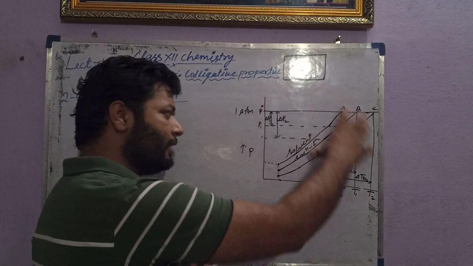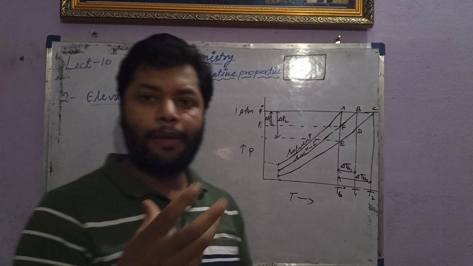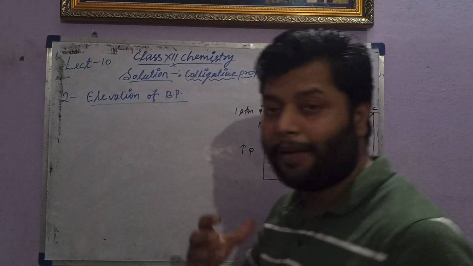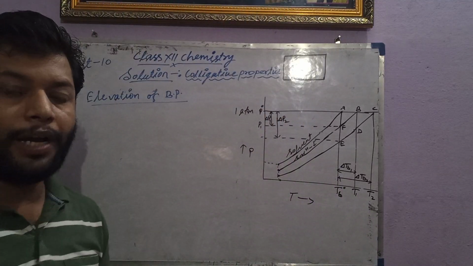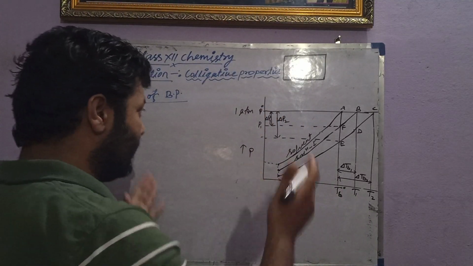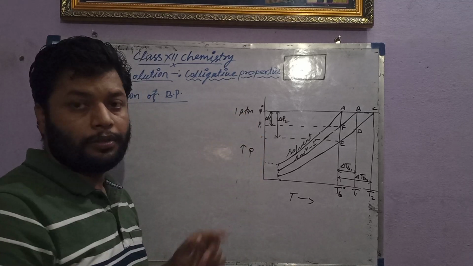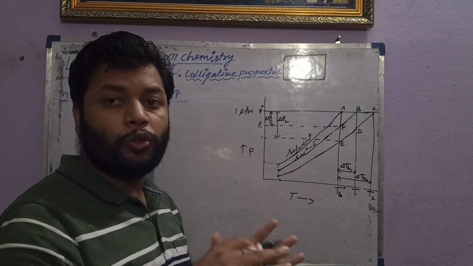On the basis of this figure, we are able to evaluate the formula of elevation of boiling point. Let's suppose the curve seems to be straight.